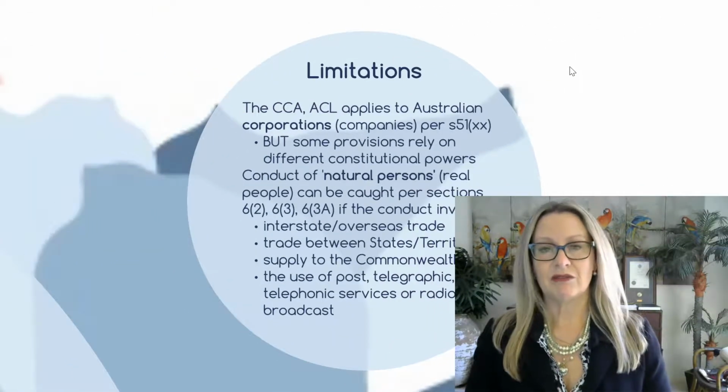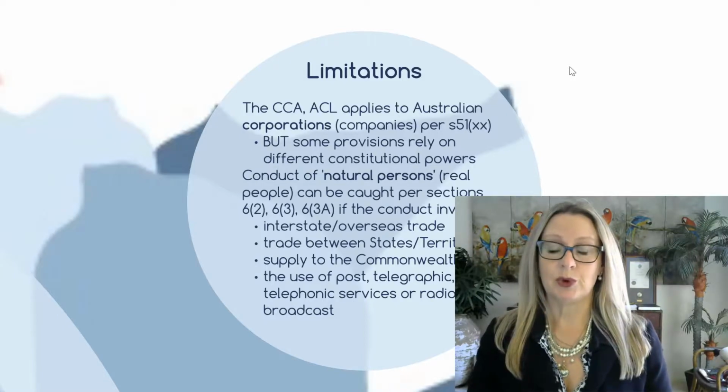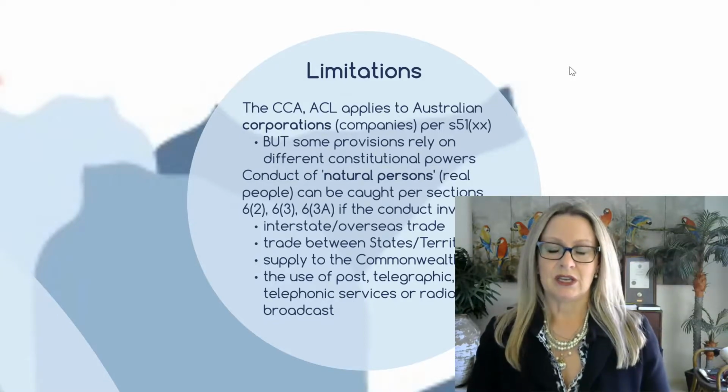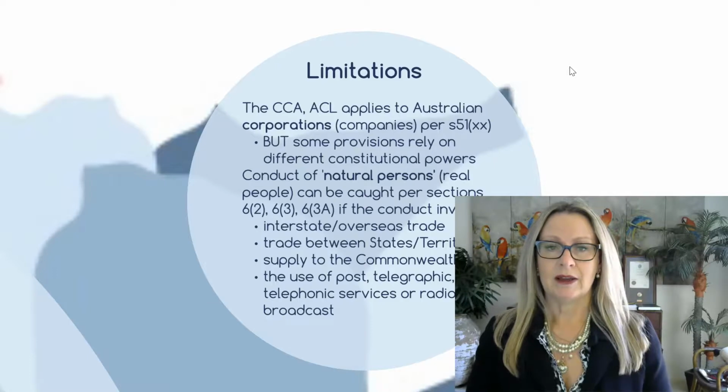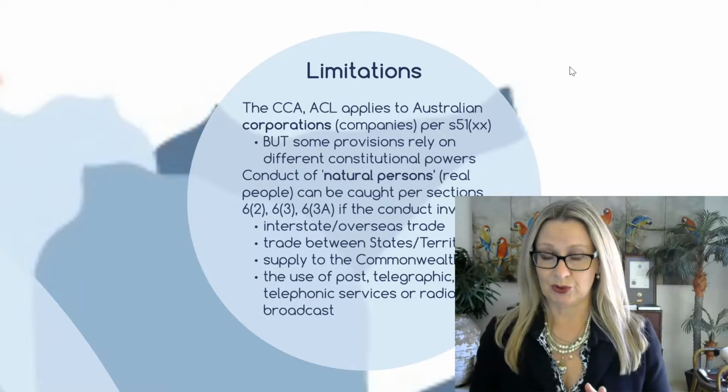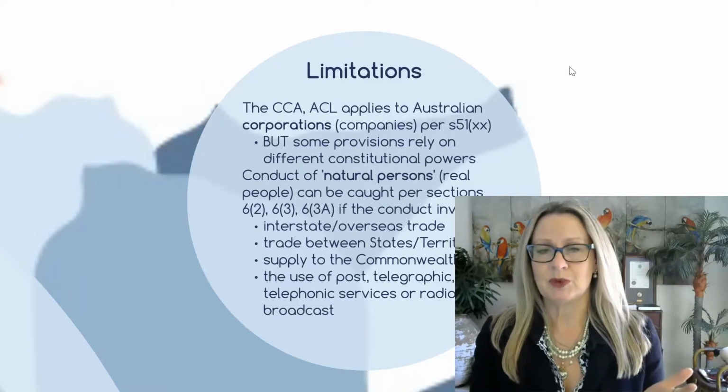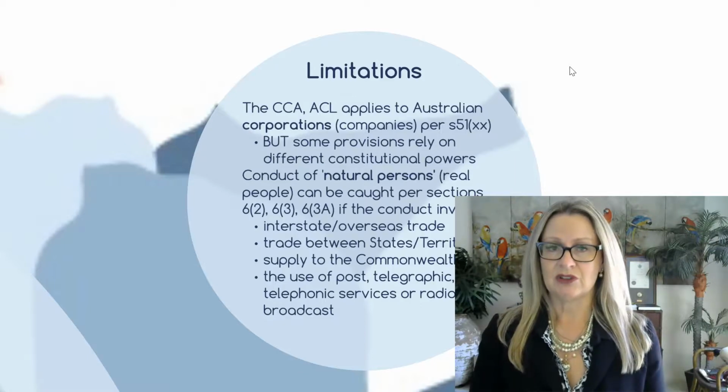So you might think that all of the times that you see the word person in the Competition and Consumer Act can only really refer to companies, because there are two types of persons, aren't there, in terms of legislation.